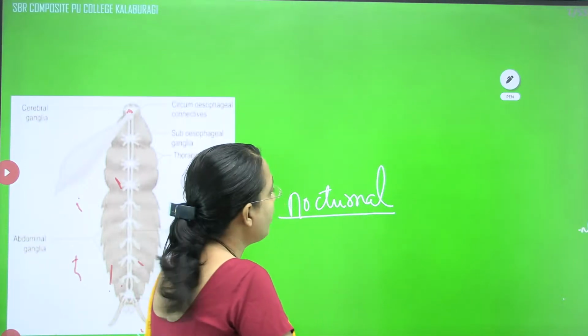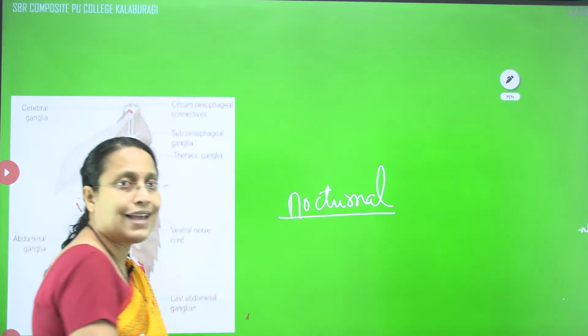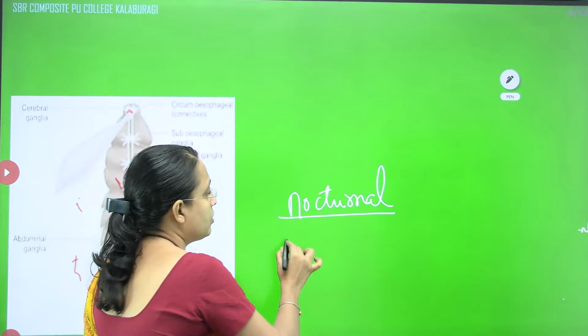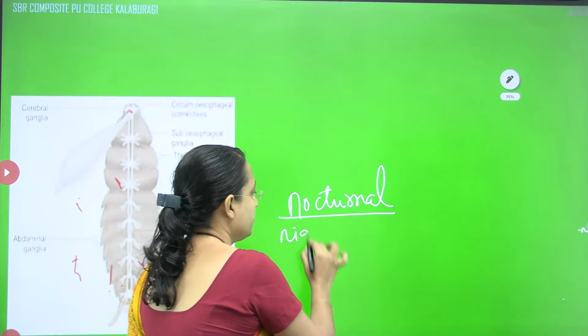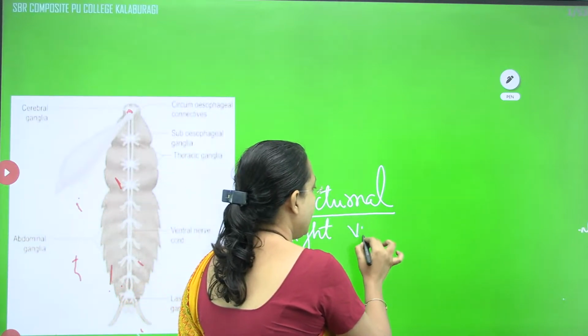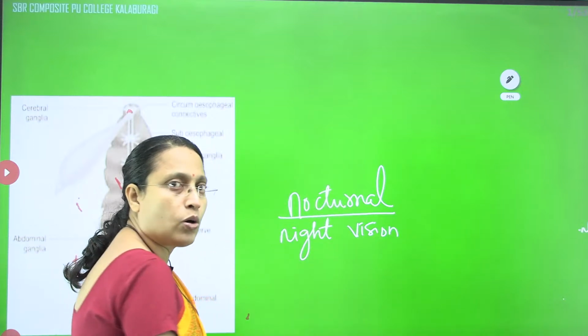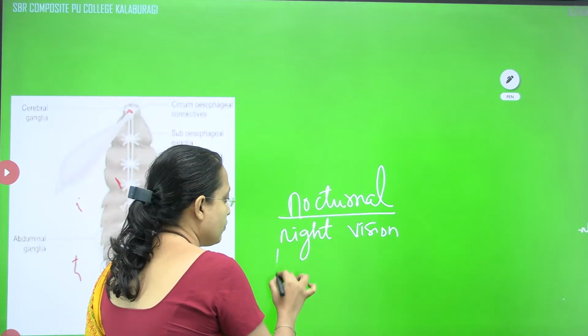When it is nocturnal, it is active in the night, so the eye of cockroach is good for night vision. The compound eye of cockroach is highly sensitive to light.